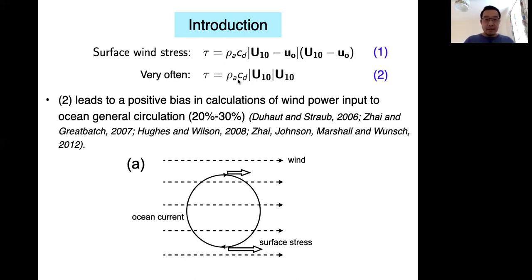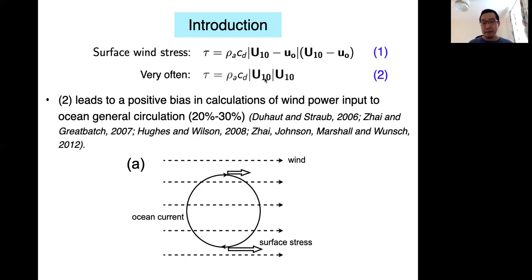Okay. So as it turns out, if we use equation 2, so basically if we use the absolute wind stress to calculate the wind stress, it can lead to a positive bias in the estimate of wind power input to the ocean general circulation.